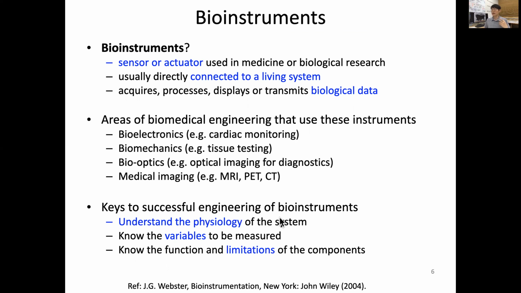And for instruments, we have to know the variables to be measured, and also the function of the components of the instruments, and very importantly, the limitations of the instruments. For example, the range of values which is reliably measurable by the instrument, you have to know this.